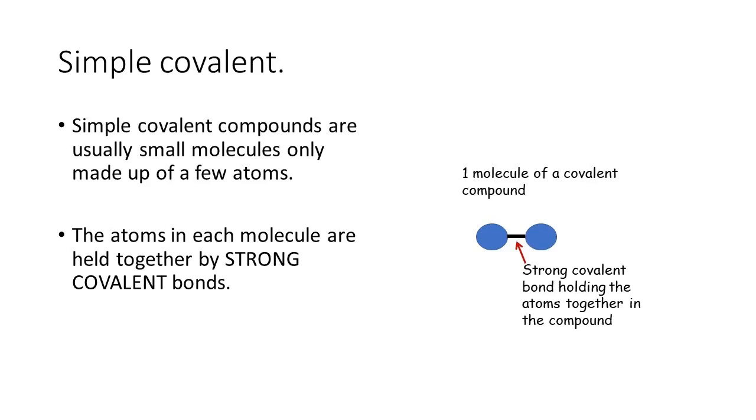It's much more likely that you would have a group made up of millions or billions of molecules all in one area together. As an example, O2 oxygen, you would find in the atmosphere, and obviously the atmosphere is composed of trillions and trillions of O2 molecules all in a group together near each other.